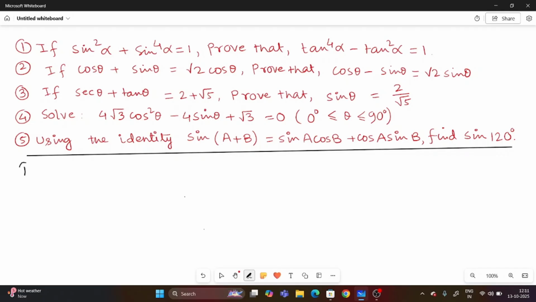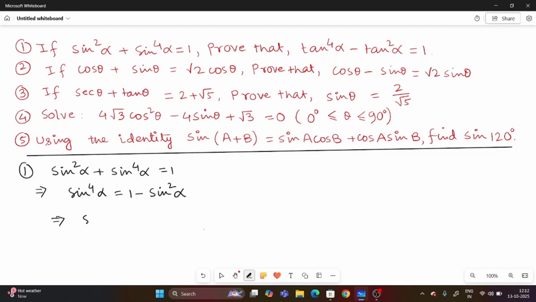So question number 1. The given information is sin square alpha plus sin to the power 4 alpha is equal to 1. So from this equation we can write sin to the power 4 alpha is equal to 1 minus sin square alpha.